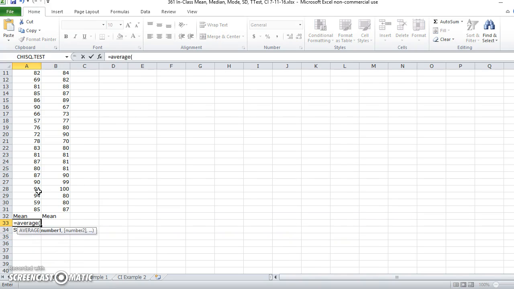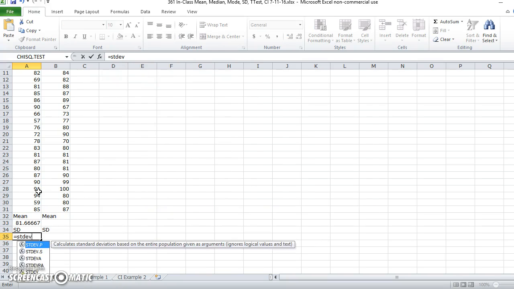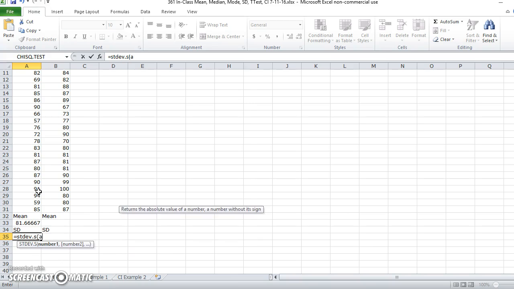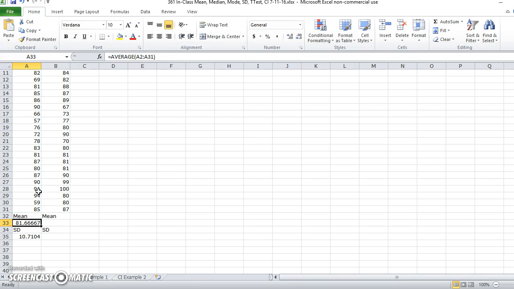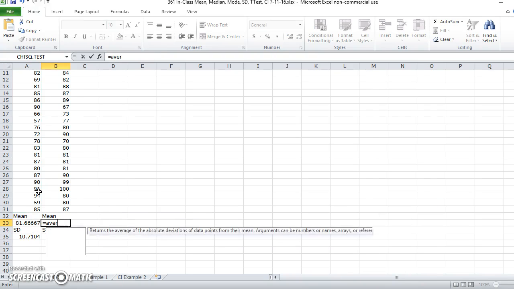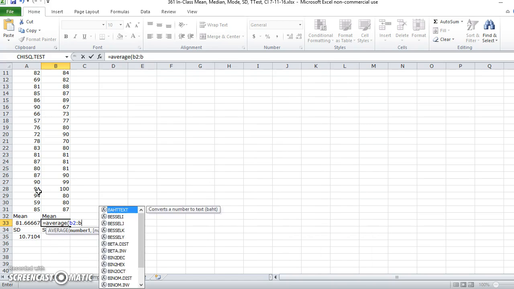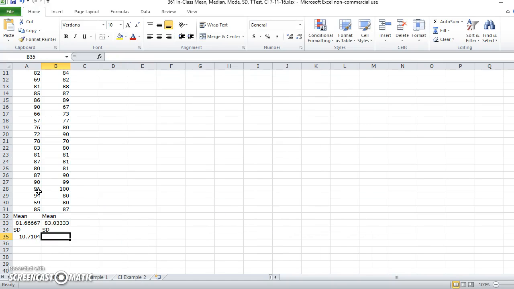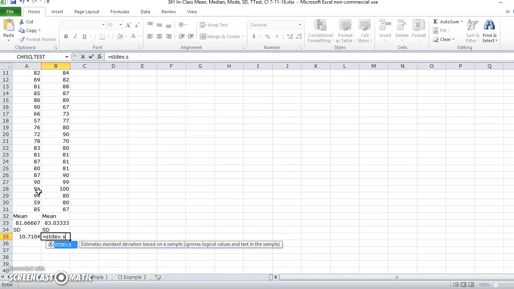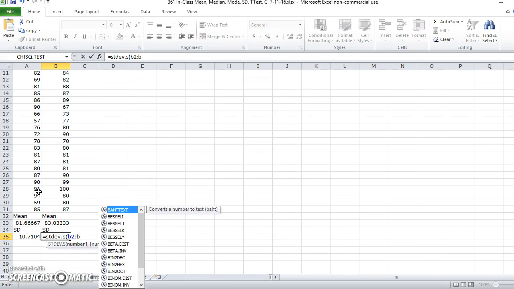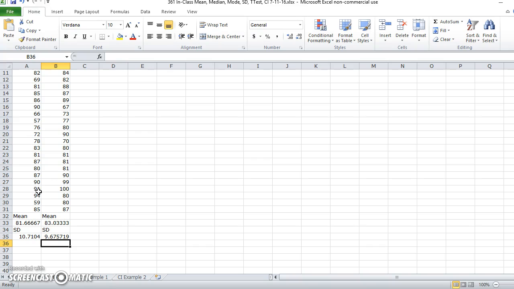So again, I go average A2 to A31, equals stdev.s A2 to A31, and I get the standard deviation, and then I do the same thing, average B2 to B31, equals stdev.s B2 to B31, and again, I get my means and standard deviations.